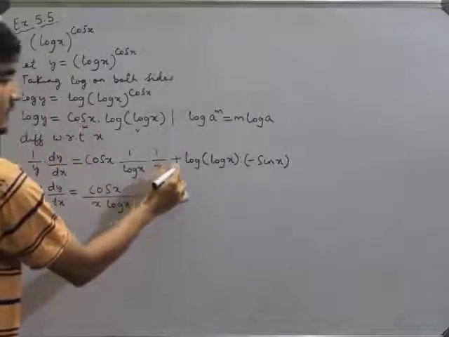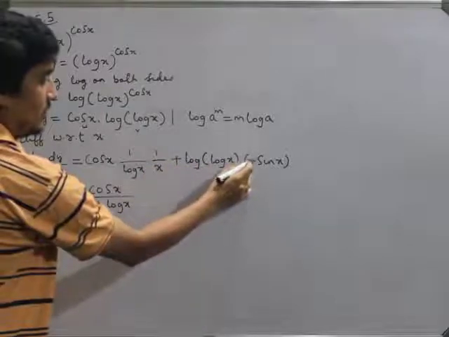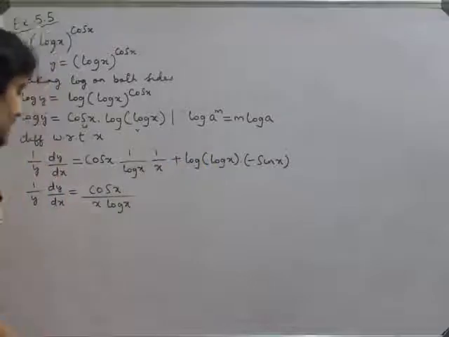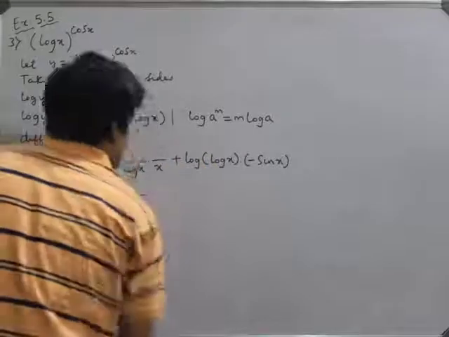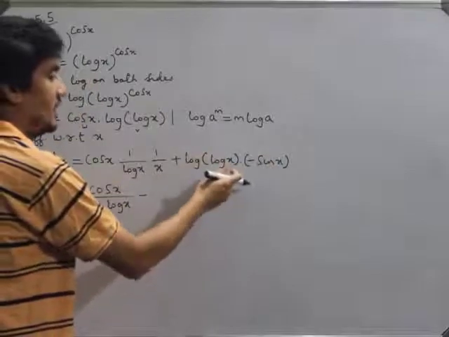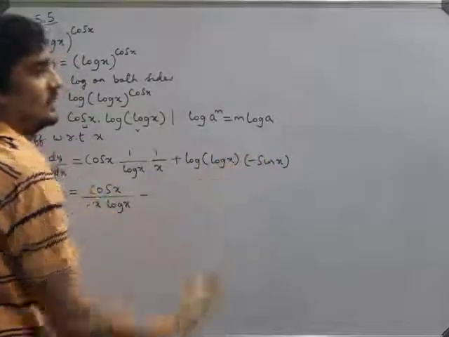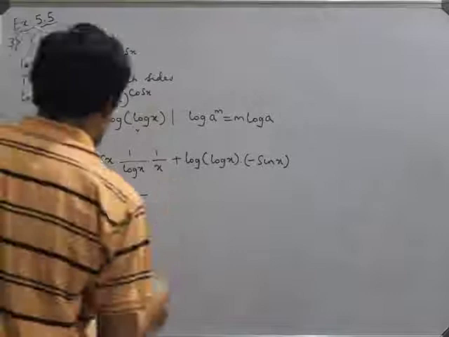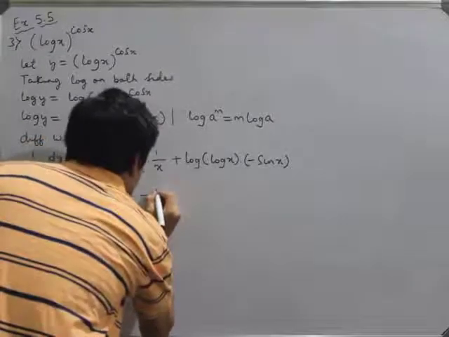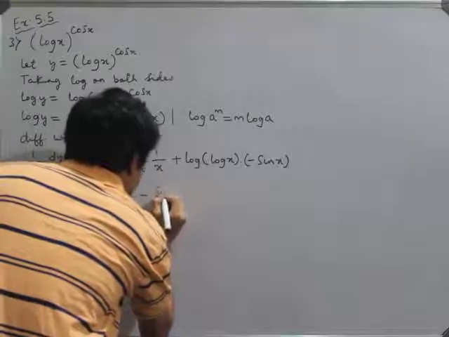Here we have plus and here we have minus, so this minus will come here because plus into minus is minus. Minus, either you can start with sin x or you can write log of log x into sin x. Either way it is correct. Minus, I will write sin x first.